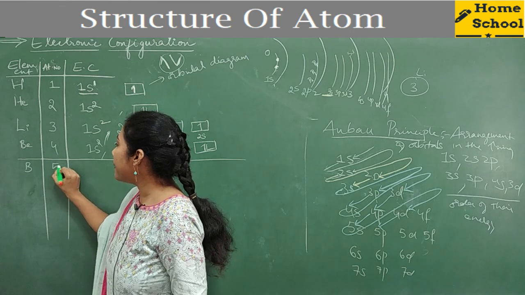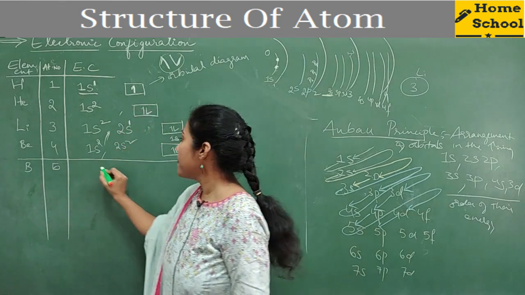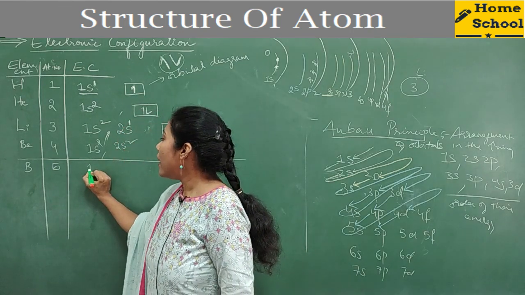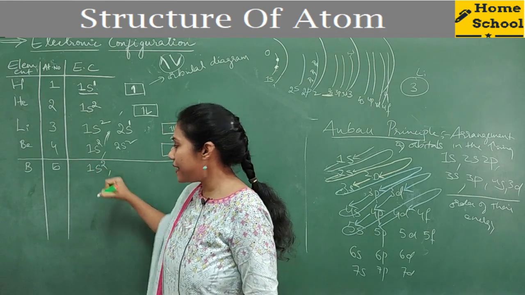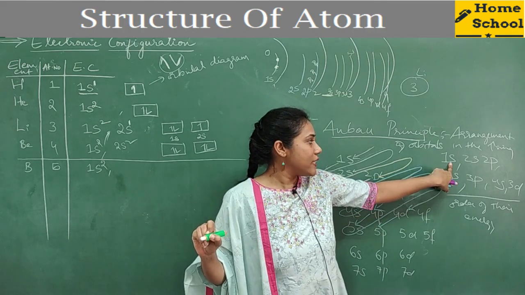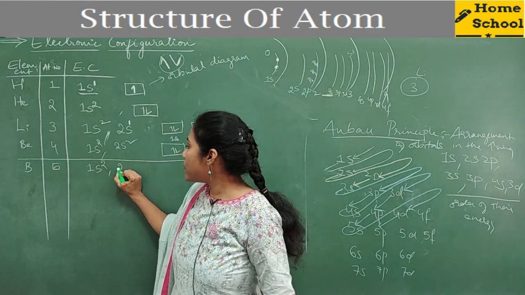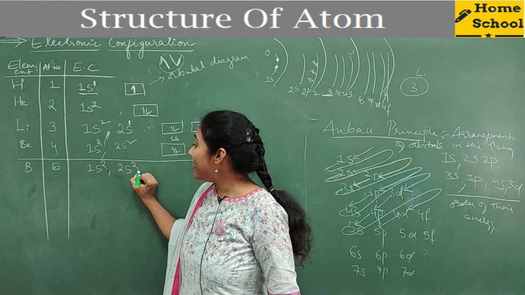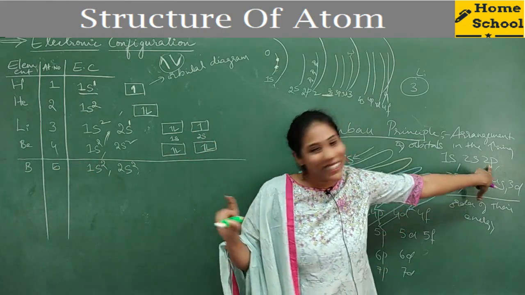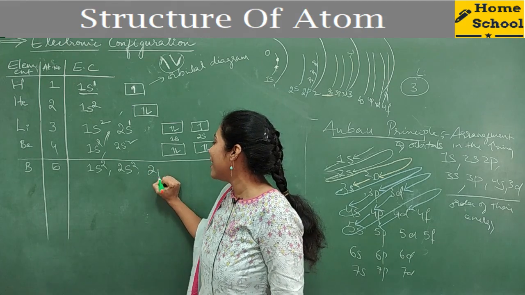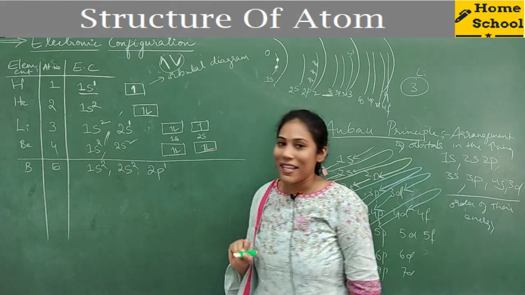And now coming to the next element, boron. Atomic number 5. There are 5 electrons. How do you show the address for 5 electrons? The first 2 electrons go to 1s first, and later electrons will go to 2s, and later one more electron is there, the fifth electron. Where will it go? It will go to the 2p subshell.